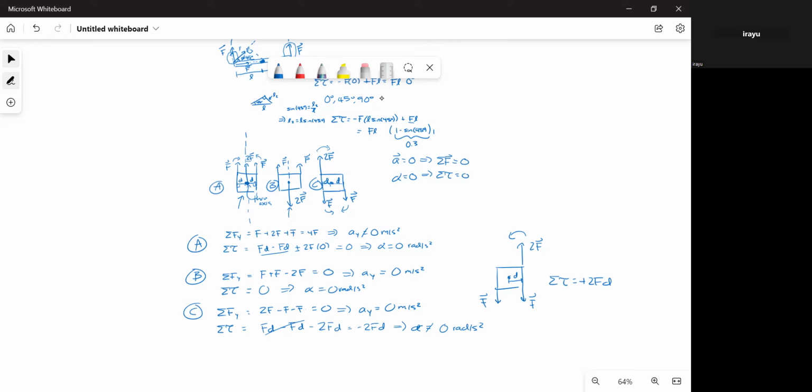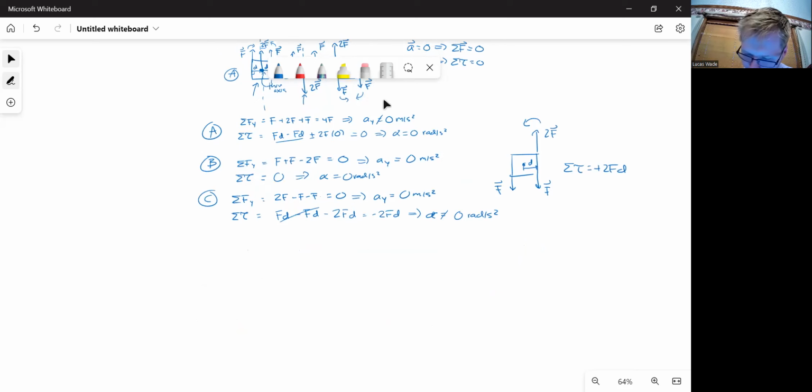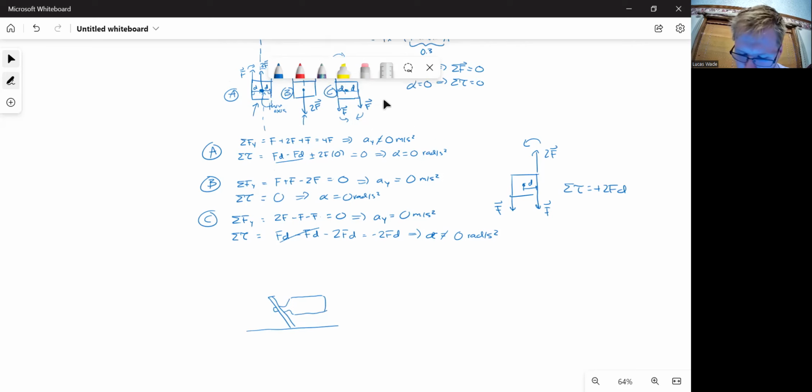So let's see. So we got a wine bottle. And the question is where its center of gravity is.